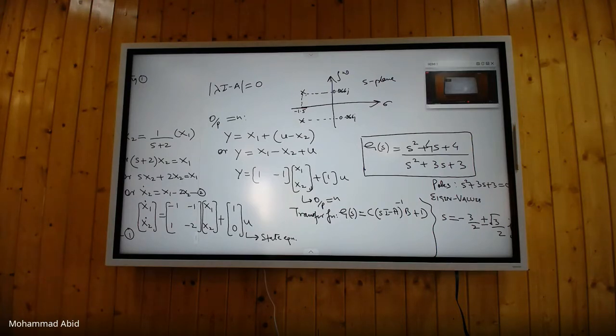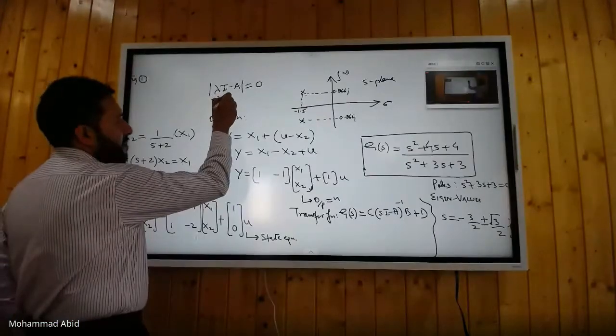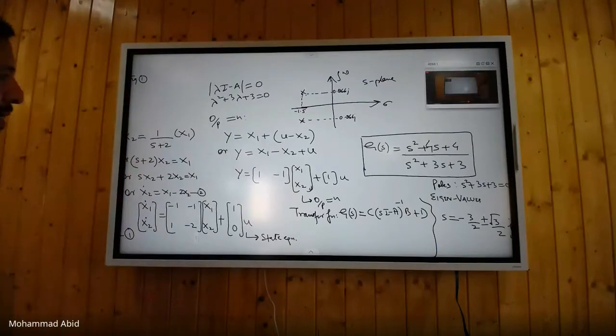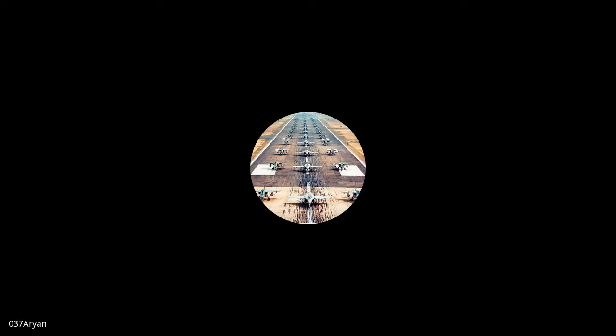There is no pole zero cancellation here. It will be lambda square plus 3 lambda plus 3 equal to 0, isn't it? That is the characteristic equation and इसके जो आइगन वैल्यूज होंगे वो भी सेम ही होंगे जो हमने ऑलरेडी प्रूव भी किया और हमने आपको ऑलरेडी स्टेट भी किया है कि जब पोल जीरो कैंसिलेशन नहीं हो in that particular case the set of eigenvalues is same as the set of the poles of the transfer function, isn't it? Yes, sir. Is that okay?